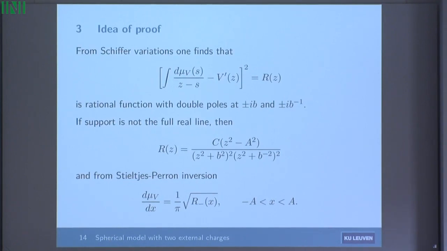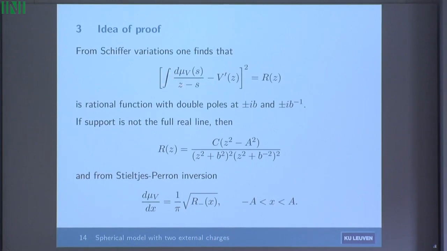If you do it in a specific way named after Schiffer, you get equations that you can translate into an identity for the Stieltjes transform, or Cauchy transform, I call it Stieltjes transform here, of your equilibrium measure.